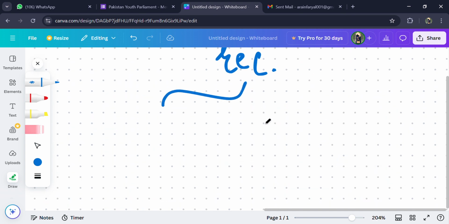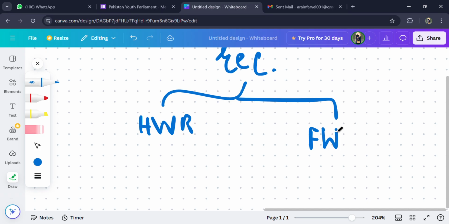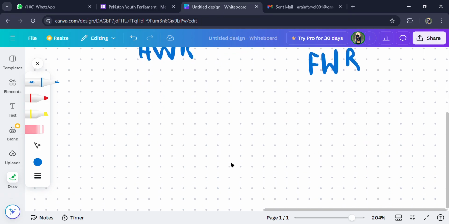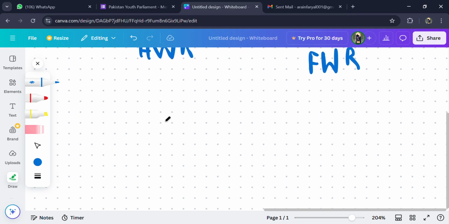It has two basic types. The first one is called the half wave rectifier, and then we have the full wave rectifier. Now, what is the wave that we are talking about, half wave or full wave? Whenever you draw a graph showing AC current, we have this type of wave.